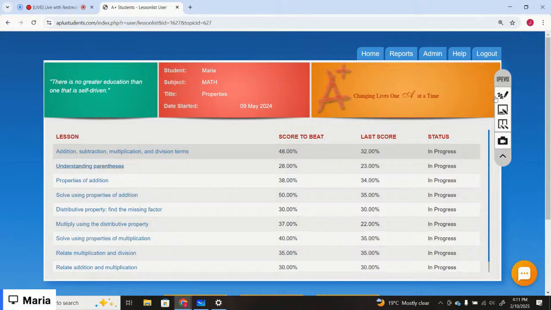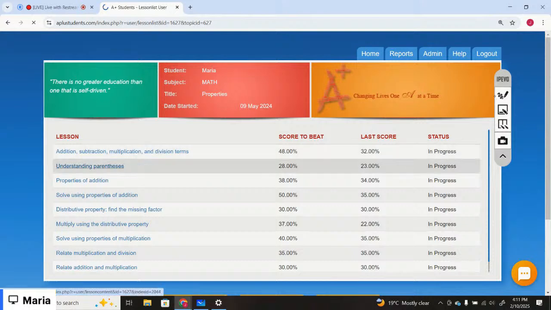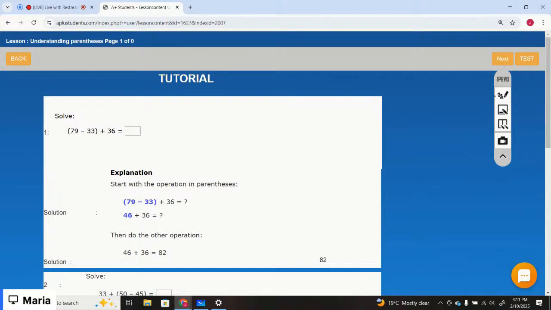The next lesson is understanding parentheses. Okay, so 79 minus 33 plus 36.